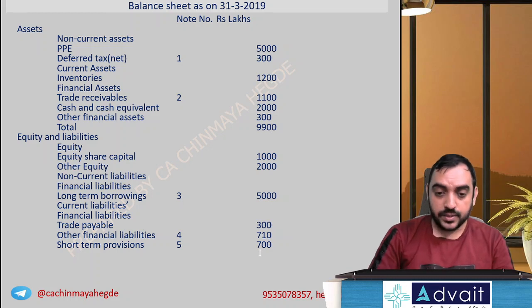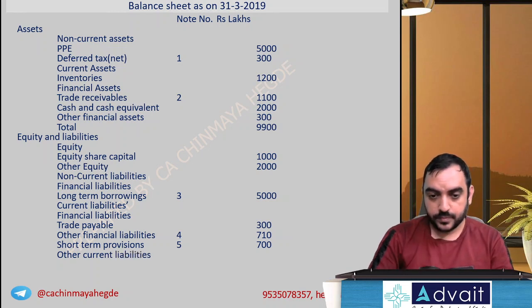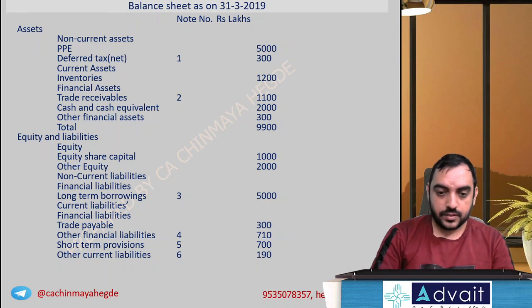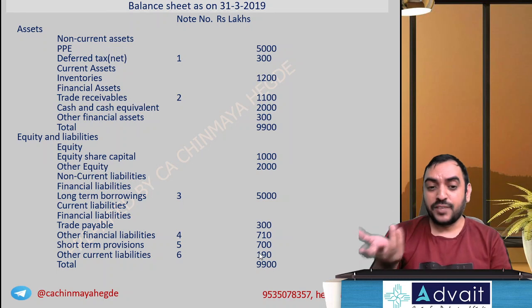Then other current liabilities, note 6, 190. Total 9,900. See, the balance sheet is tallied.